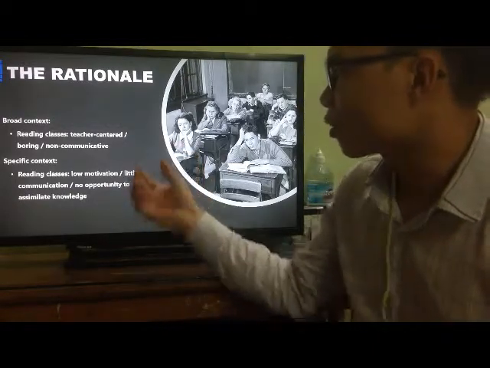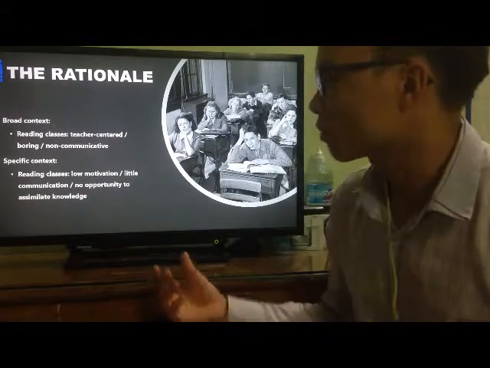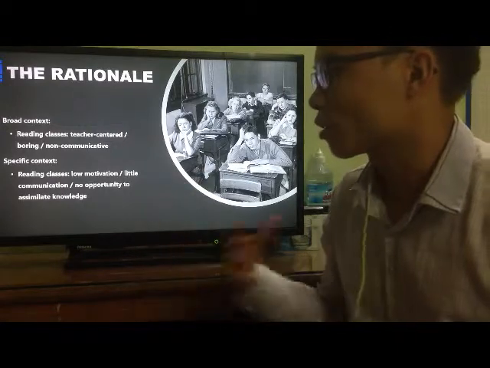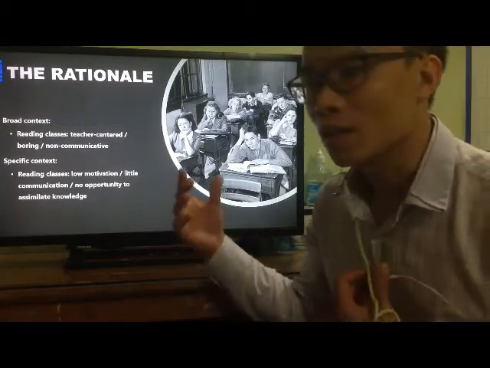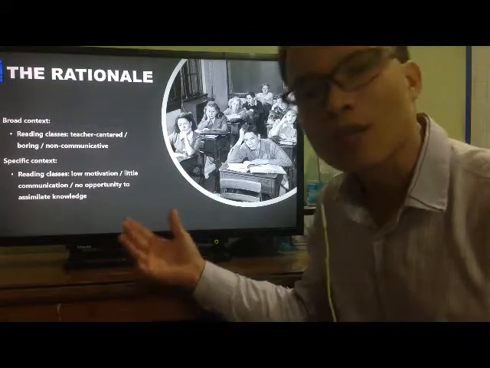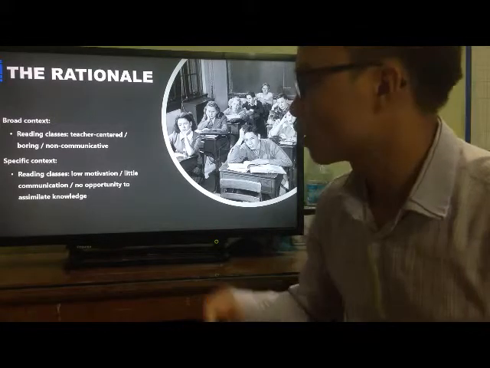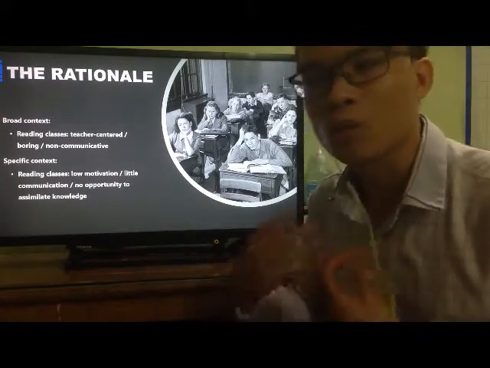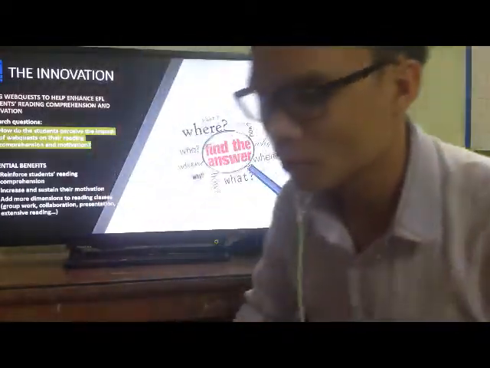And also there is little communication between the teachers and the learners, and the learners don't have a lot of opportunities to assimilate the knowledge they learn. So normally they just stop at doing comprehension exercises, and then they have no other opportunities to really possess and also acquire the language that they have learned in the class.